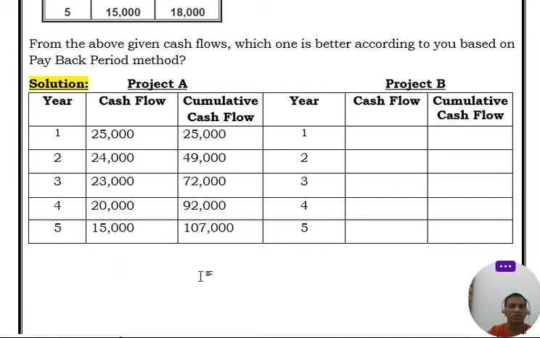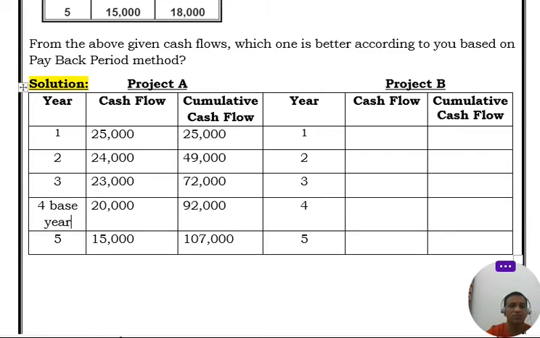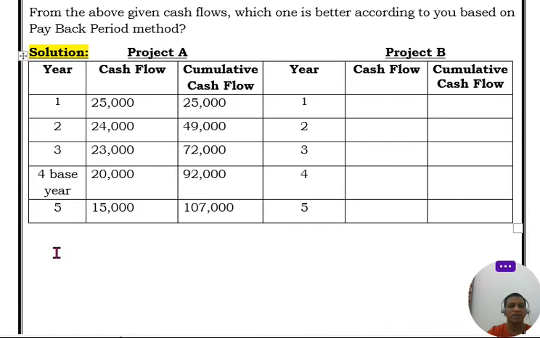I hope you understand. Our cost of the project, 100,000, lies in between these two. It is not in the fourth, it is not in the fifth, but between 4 and 5. The fourth year is called the base year. So 4 full years and then part of the fifth year.